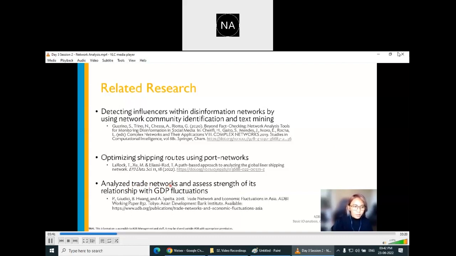And then lastly, and I think this one we're most familiar with, they looked at trade networks and analyzed it, computed measures of the network structures and dynamics, and they tried to see if those measures relate to economic fluctuations, specifically GDP. Now this publication is available at the ADP website.